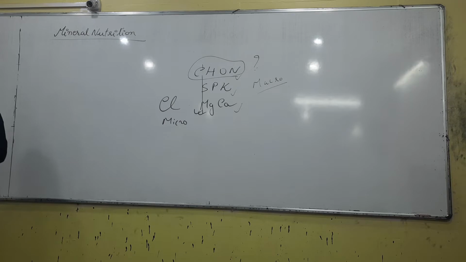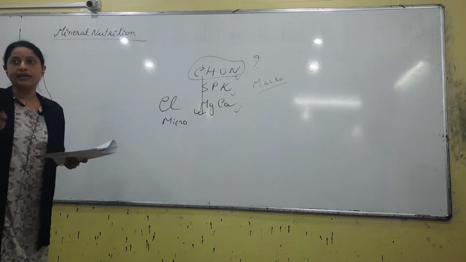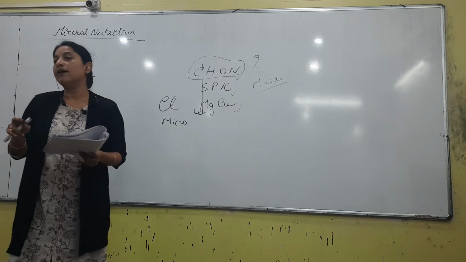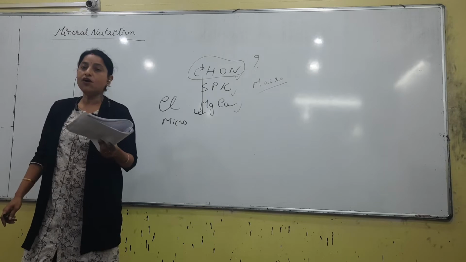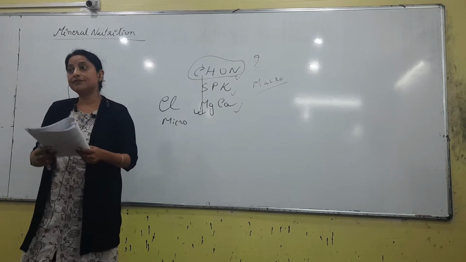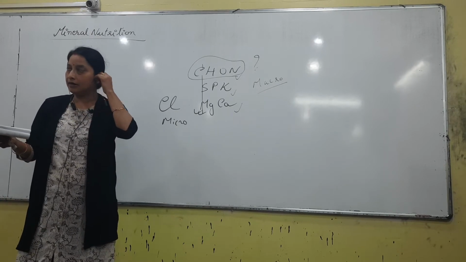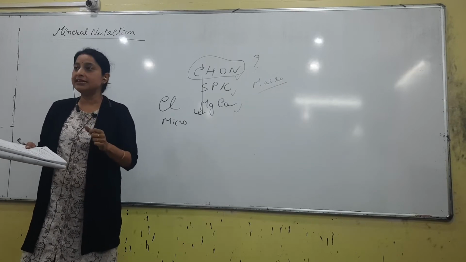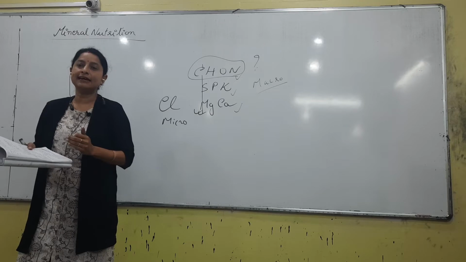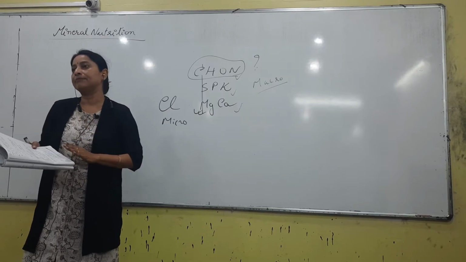When immobile elements are deficient, where do we first see symptoms? In young parts. So if the question is asked that a plant is showing iron deficiency, will the symptoms first appear in the older plant part or the younger plant part?